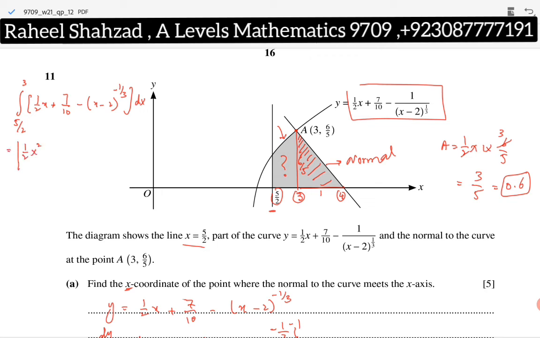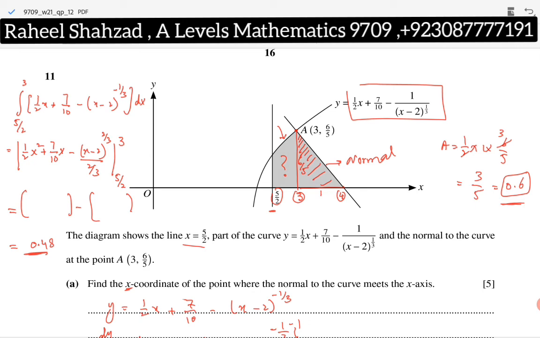So 1 by 2 x square plus 7 by 10 x minus (x minus 2) power 2 by 3 divided by 2 by 3. The upper limit is 3, the lower limit is 5 divided by 2. So when we use a calculator for the upper limit minus the lower limit, we have an answer of 0.48 centimeter square.